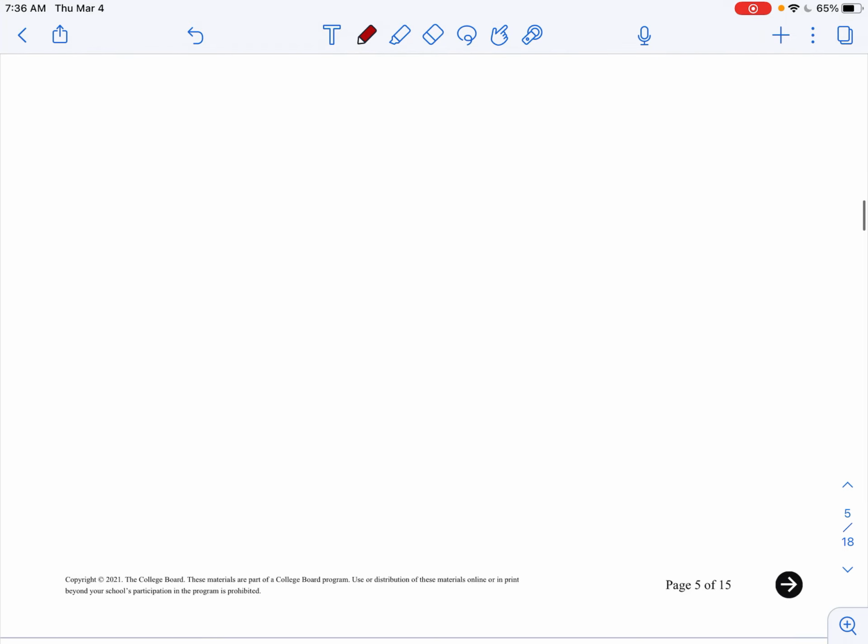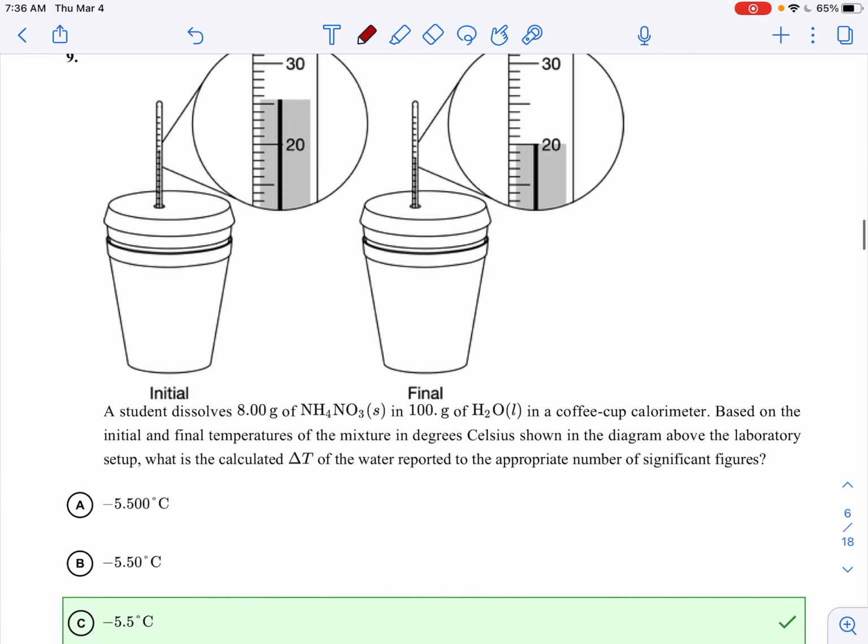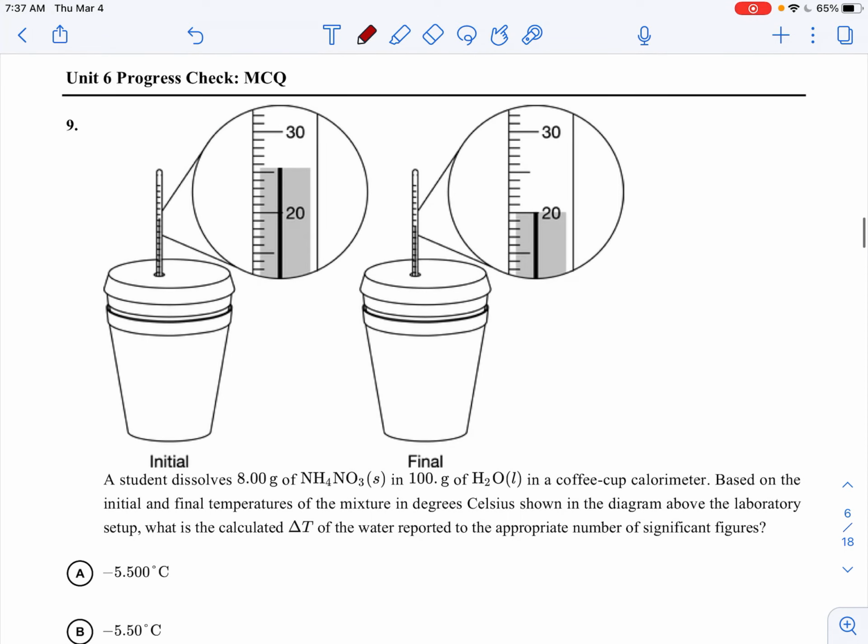All right, so number 9. It says a student dissolves 8 grams of NH4NO3, so that's ammonium nitrate, in 100 grams of water in a coffee cup calorimeter. Based on the initial and final temperatures of the mixture in degrees Celsius shown in the diagram above in the laboratory setup, what is the calculated delta T of the water reported to the appropriate number of significant figures?